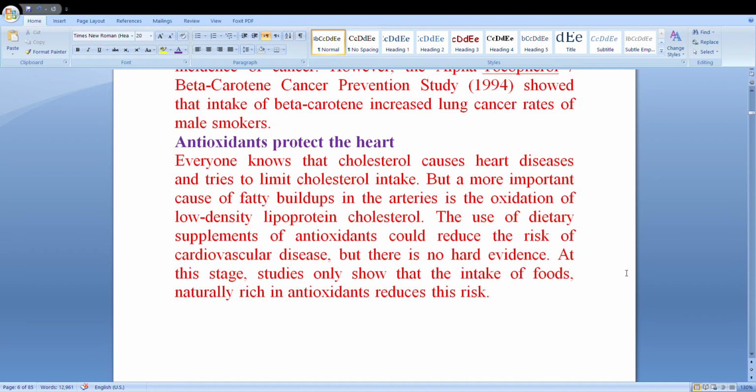The use of dietary supplements of antioxidants could reduce the risk of cardiovascular disease, but there is no hard evidence. At this stage, studies only show that the intake of foods naturally rich in antioxidants reduces this risk.